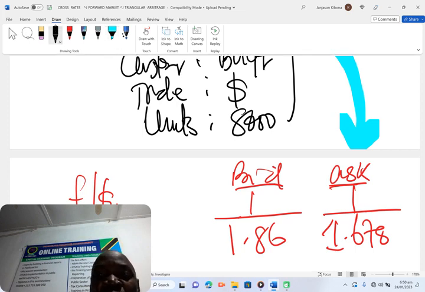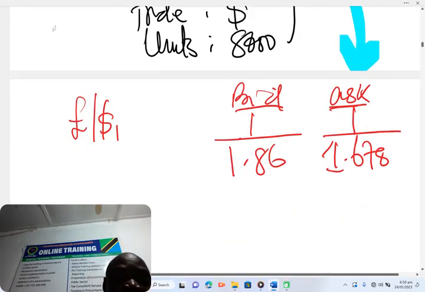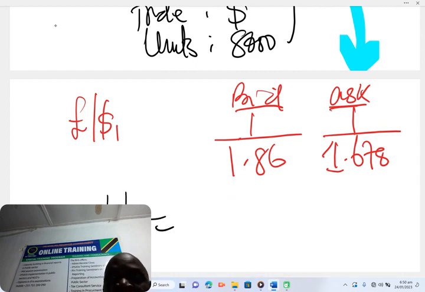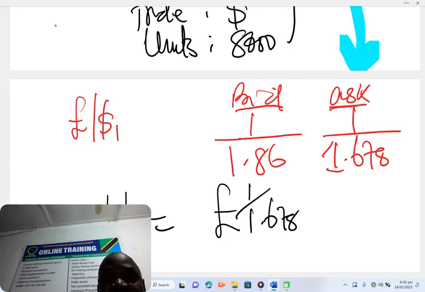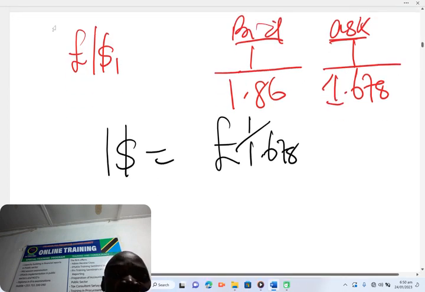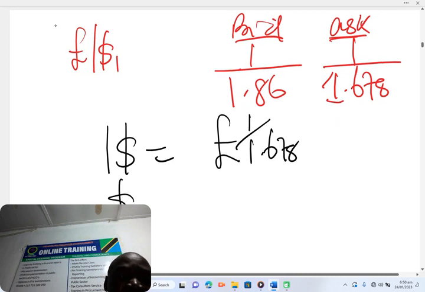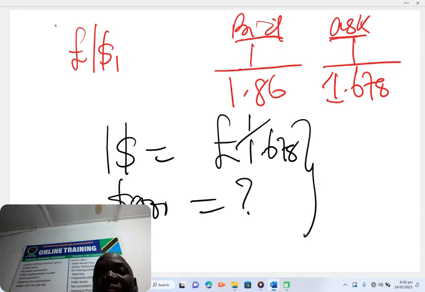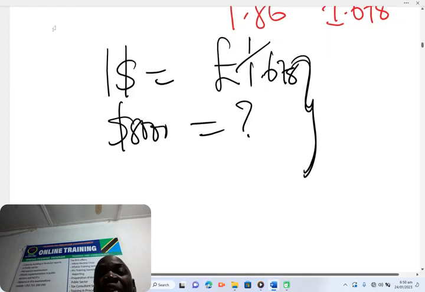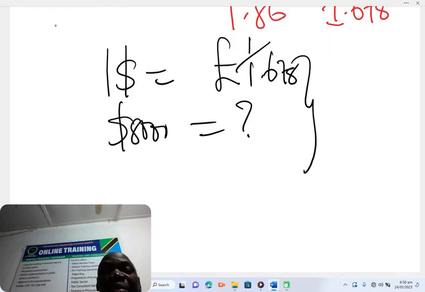We are now go to the transaction side. That $1 is equal to £1 over 1.678. Now, how many units we need to compute for $8,000? So straightforward, you can now compute there.